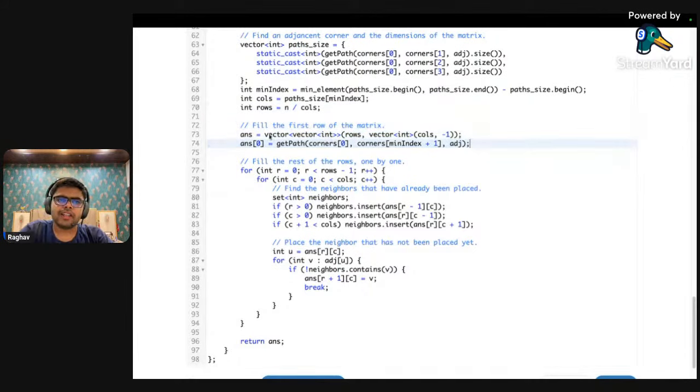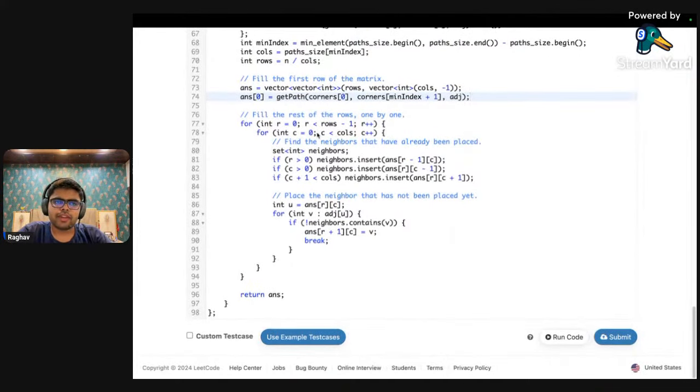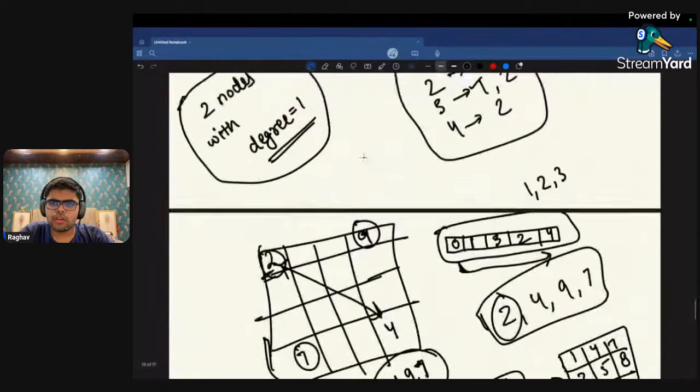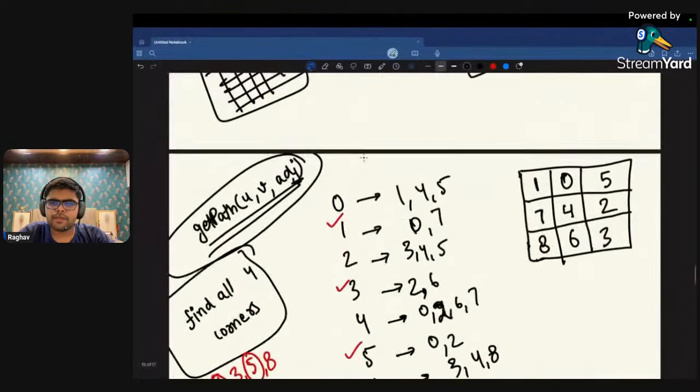Then we are creating this answer vector with the dimensions which we have figured out, and for the first row we are just running a BFS from corners of 0 to the closest corner, and after that we are going row by row for each and every cell, as we had seen here.